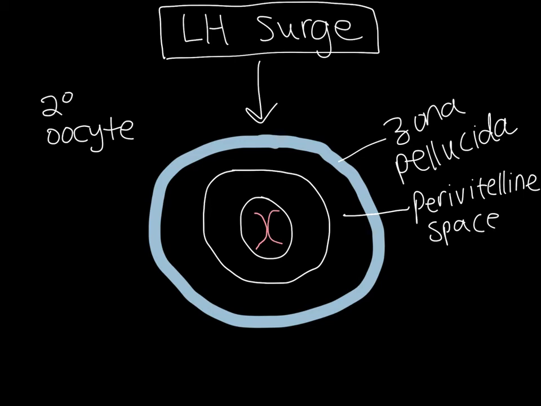So this is a replicated chromosome. You see here 2 sister chromatids. And the amount of genetic material that's found in the secondary oocyte at this point is the same that will be found in the polar body at whatever stage. So here, in our first polar body, we have the same amount of genetic material.